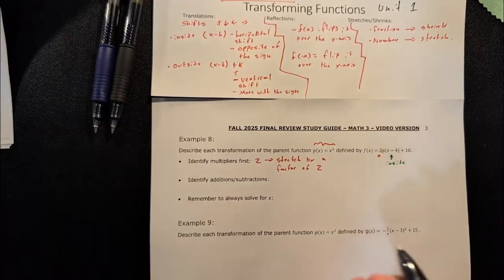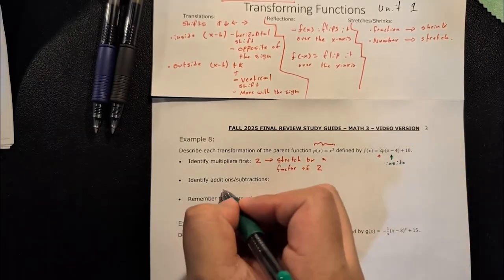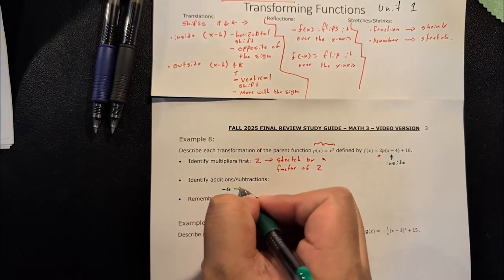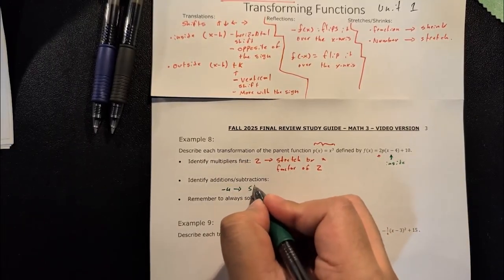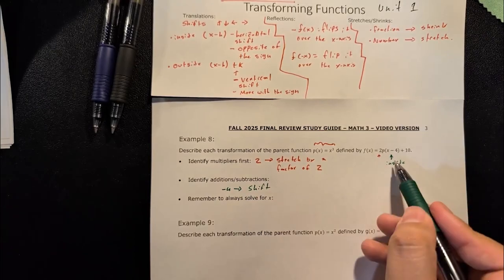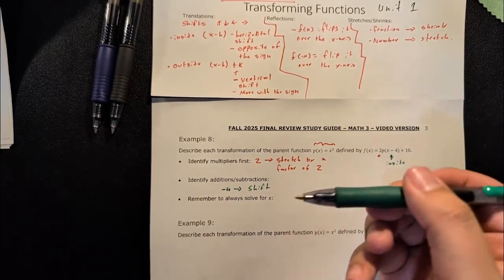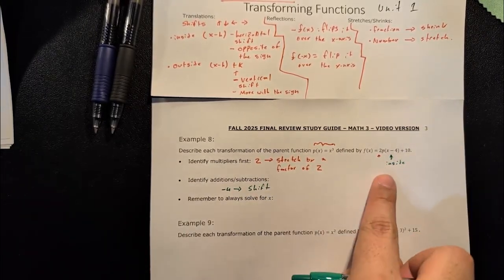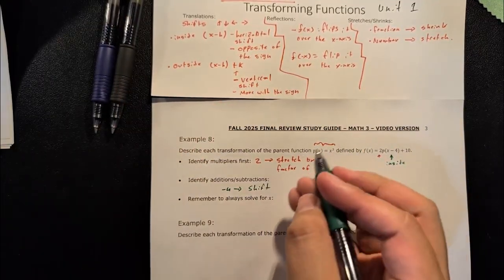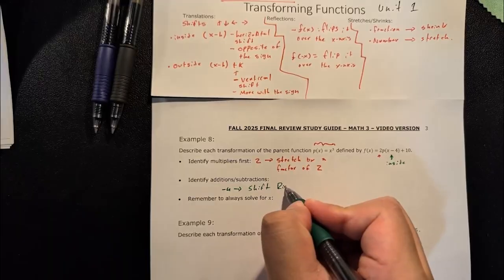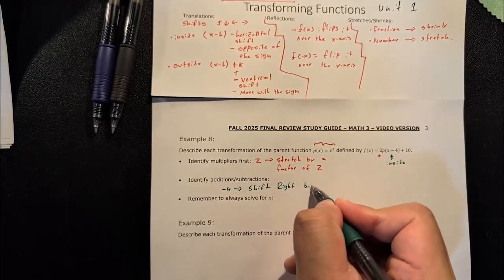So here, this minus 4 is going to tell us to do a shift. Since it's a negative 4, we want to think left, but it's going to be the opposite sign. Remember, the opposite of our sign. So shift right by 4.